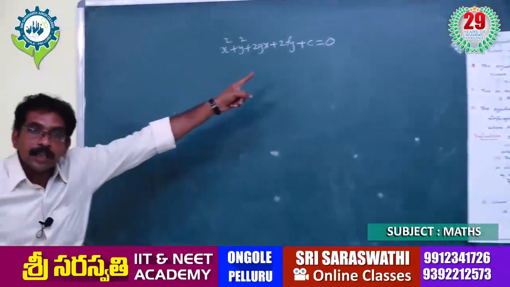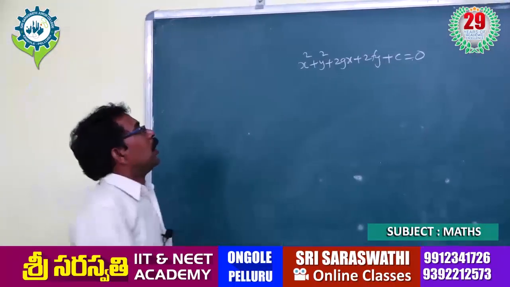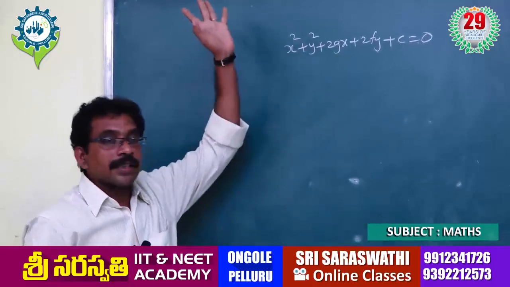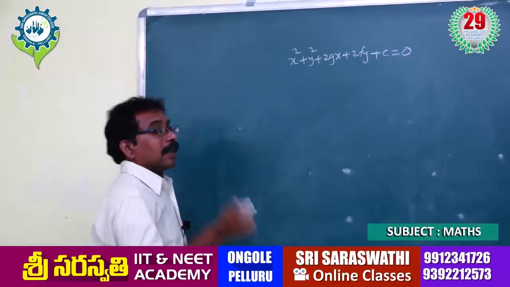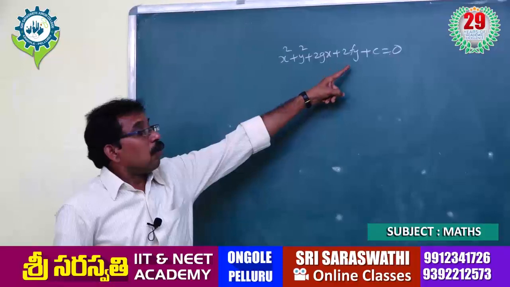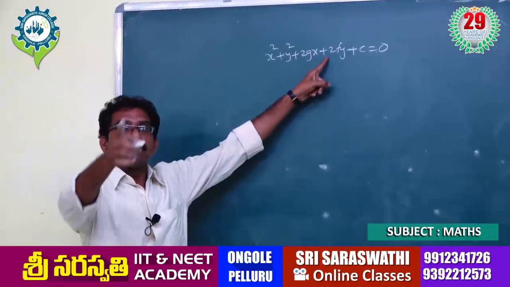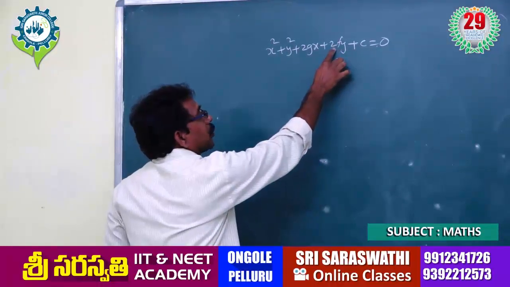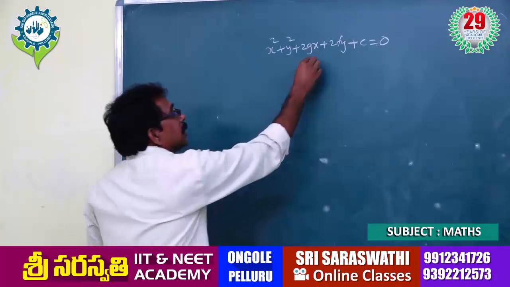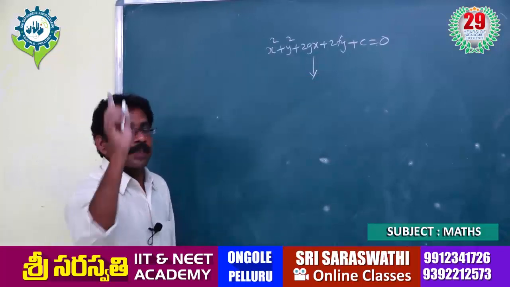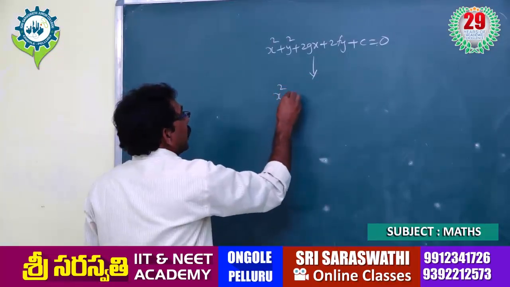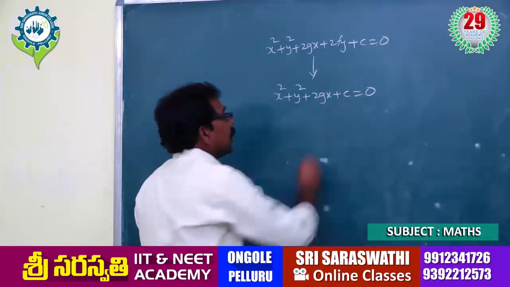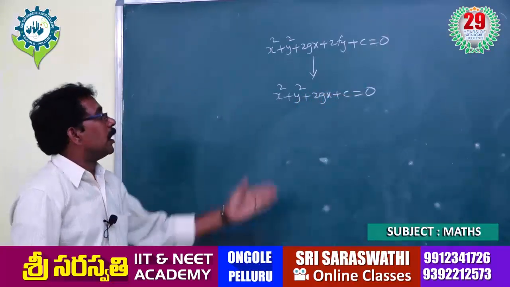This is the general circle equation. Now, if this circle center lies on x-axis, then its y coordinate becomes 0. So, here its y coordinate becomes 0. Hence, this equation becomes as x square plus y square plus 2gx plus c is equal to 0.